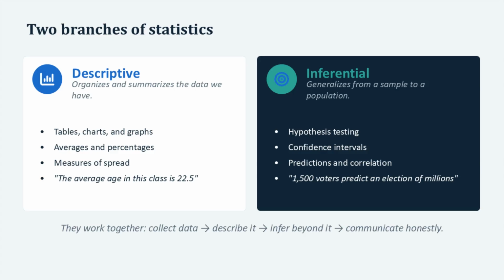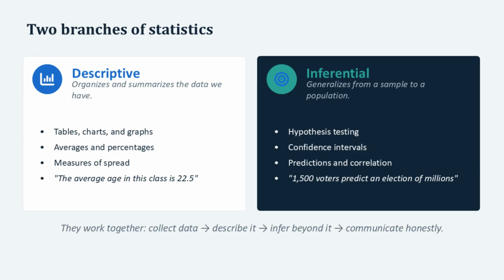Imagine a polling organization surveys 1,500 voters and then uses that survey to predict the outcome of an election involving millions of people. That's inferential statistics. They're using a relatively small sample to say something about a much larger population that they could never realistically measure in full.